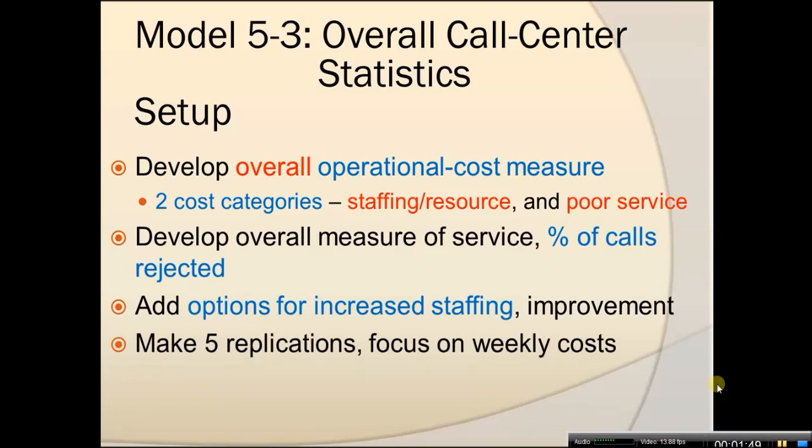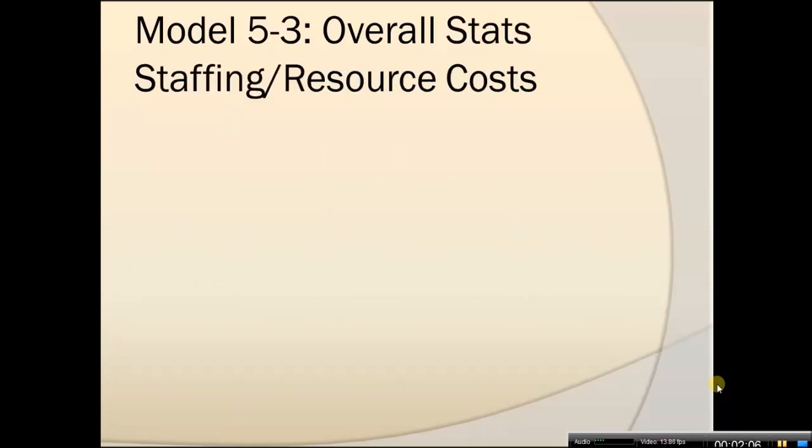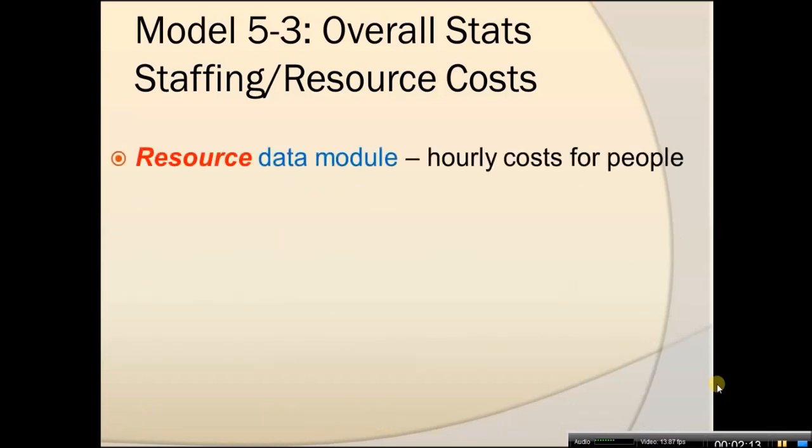So we're going to make 5 replications and we'll focus on weekly costs. Because our replications are independent and identically distributed, it will not allow us to carry over back office research to the next day. So now let's talk about more details on how we're going to do that.